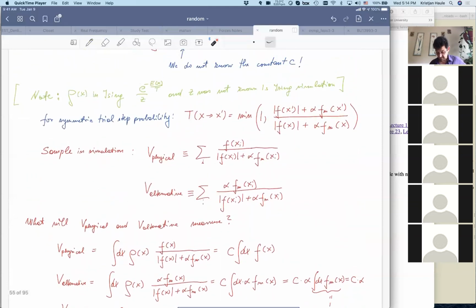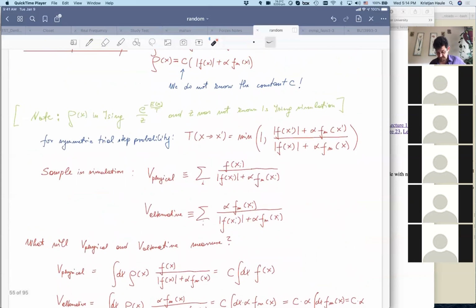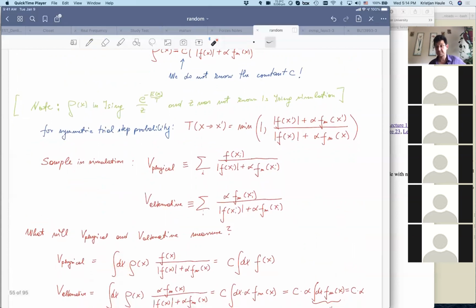Well, we know from theory that V physical is the integral over all possible configurations, or you could say a sum over all possible configurations, but if x is a continuous quantity, then it's an integral. This dx has lots of dimensions, of course.